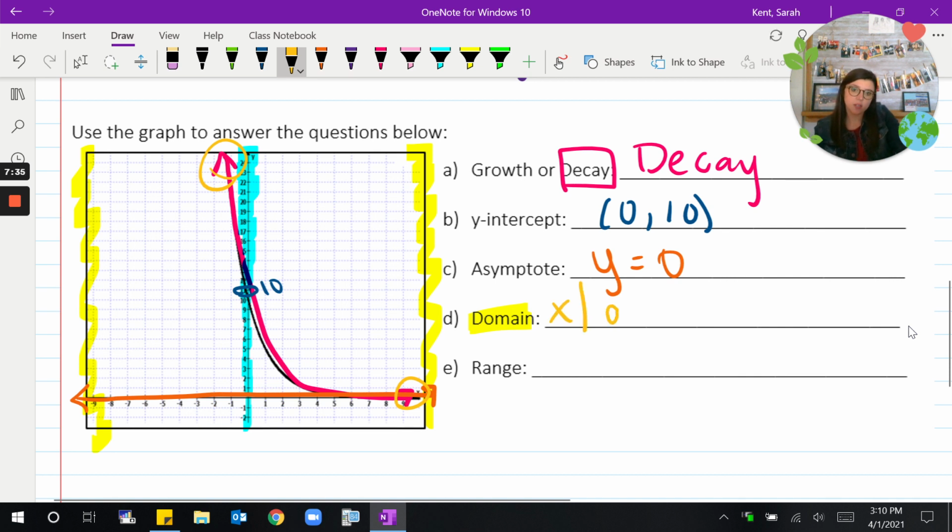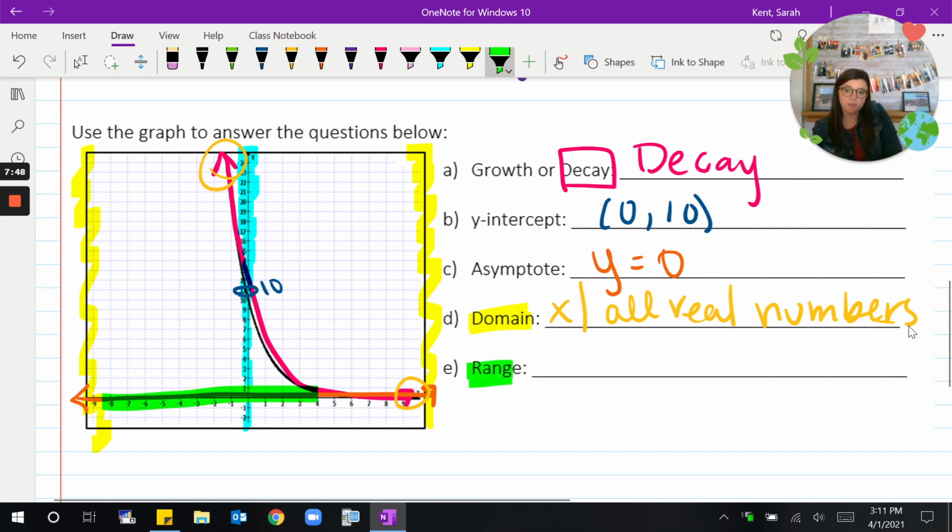So that means our domain is all real numbers. And then for range, we want to look from the bottom to the top. At the top, we have an arrow. At the bottom, it's getting really close to 0, but never touching. So this will be y is greater than 0.